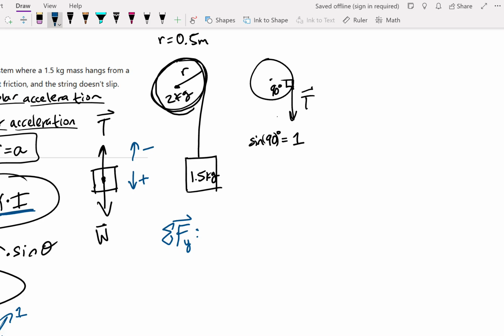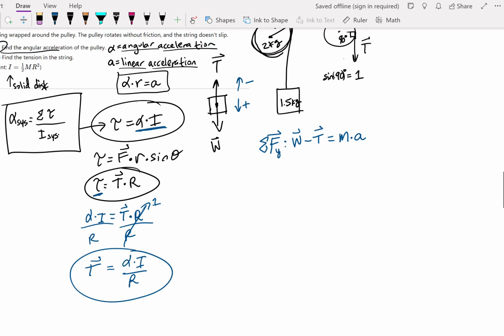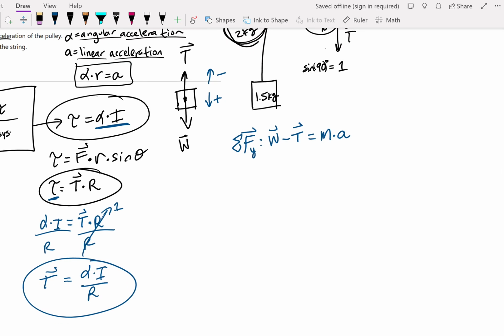So if we're going to do that, our weight is positive minus the tension, and that's all equal to the mass and the linear acceleration. And since we already know that linear acceleration is the angular acceleration times the radius, we can substitute that in.